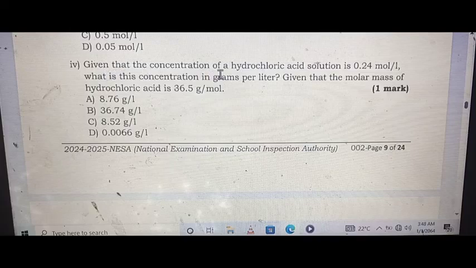Given that the concentration of hydrochloric acid solution is 0.24 mole per liter, what is this concentration in gram per liter, given that the molar mass of hydrochloric acid is 36.5 gram per mole? The correct answer is letter A, 8.76 gram per liter.